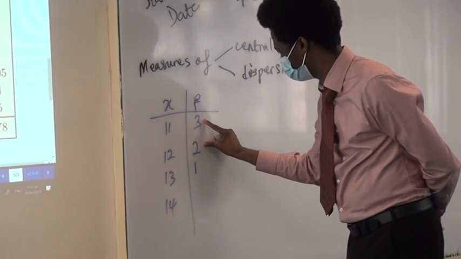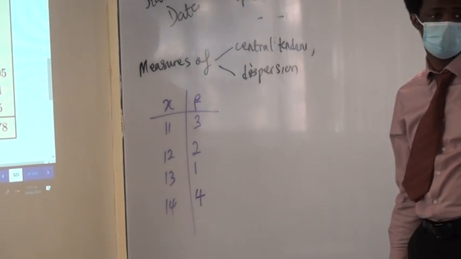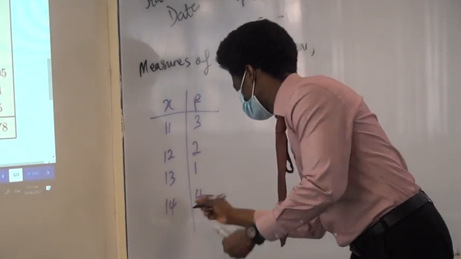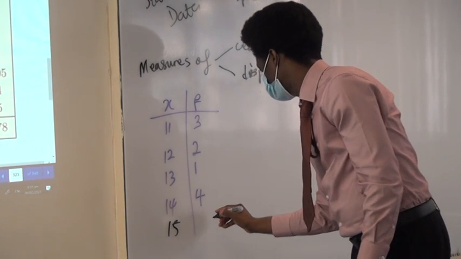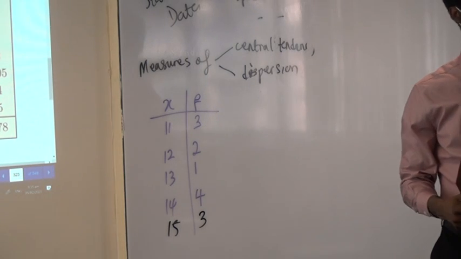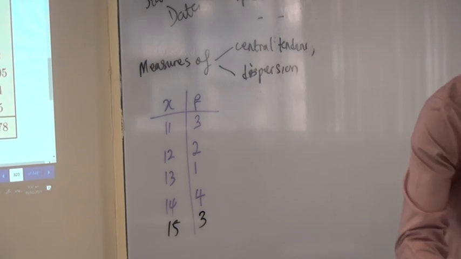How many now? 6. Let's say this appears 4 times to make it 10. Then in another case, we will consider 15 appearing 3 times also. That would be an odd number. So let's consider the case of even number and the case of odd number.